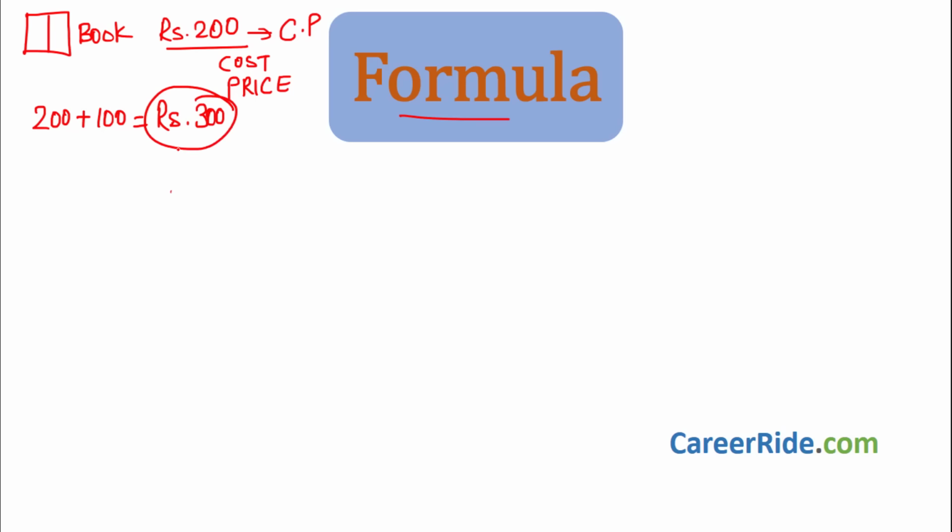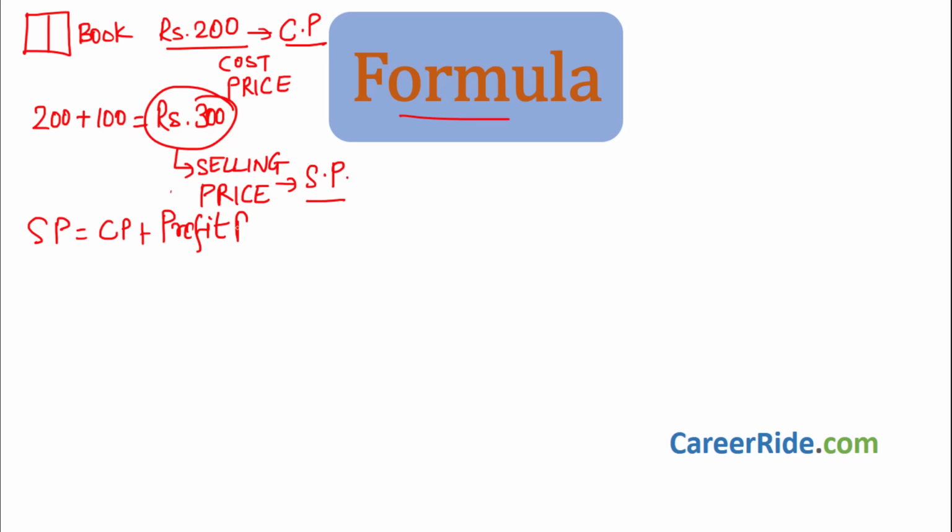So this becomes the selling price of the book. From here onwards, we are going to call cost price as CP and the selling price would be denoted as SP. Selling price is nothing but cost price plus the profit which you want in rupees.